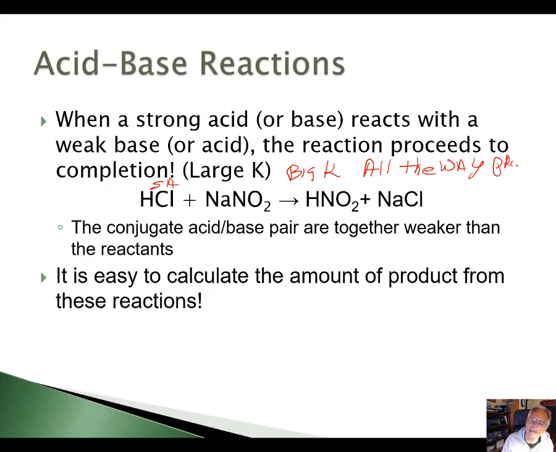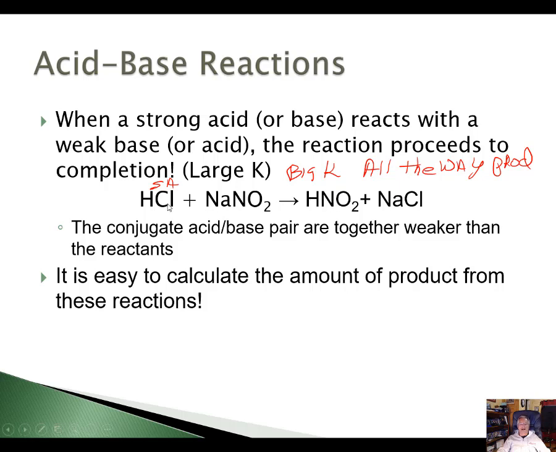That makes it a limiting reactant reaction. Whichever one of these two reactants exists in the smallest amount will determine how many products we get. Okay? So this is a big K reaction.